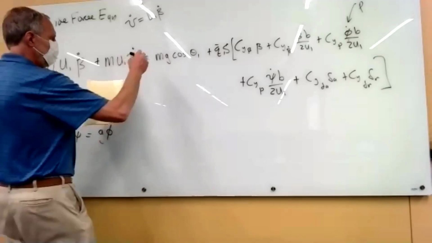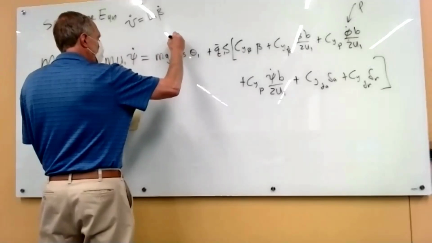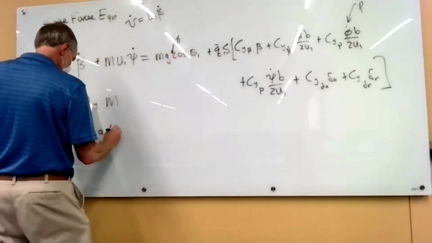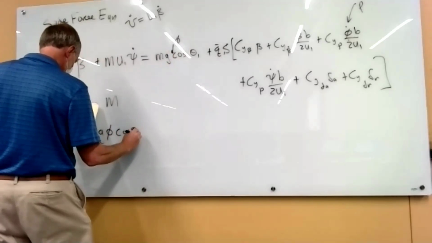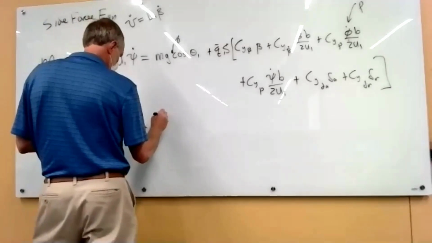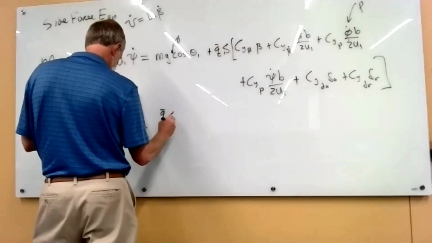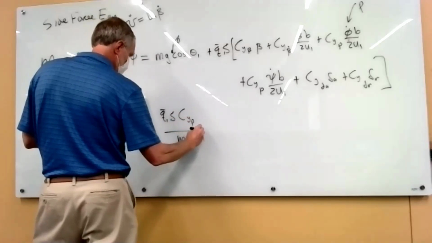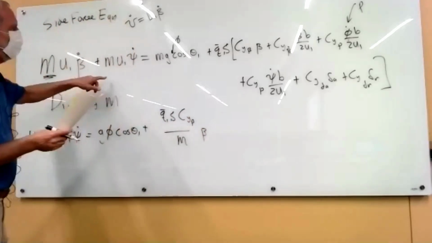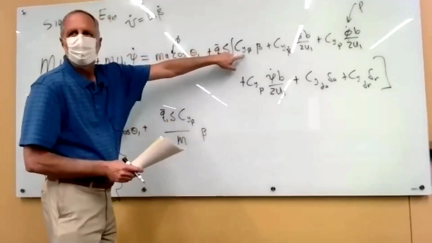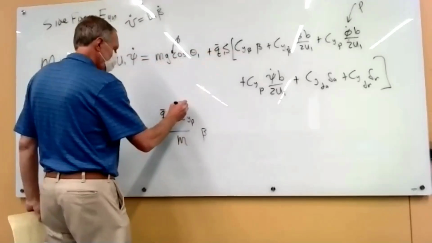I lost a phi. Stick a phi in here. That's just from the equation. So here we divided by m, so we get a q bar s divided by m times cy beta. And I collected all that stuff together here.